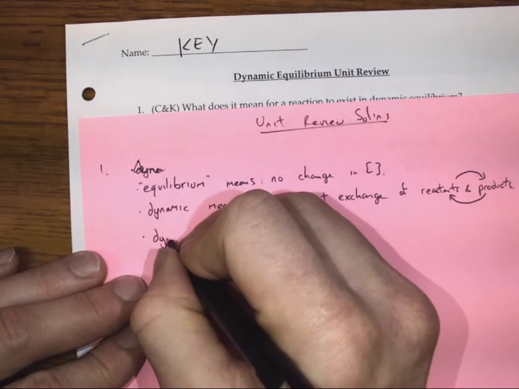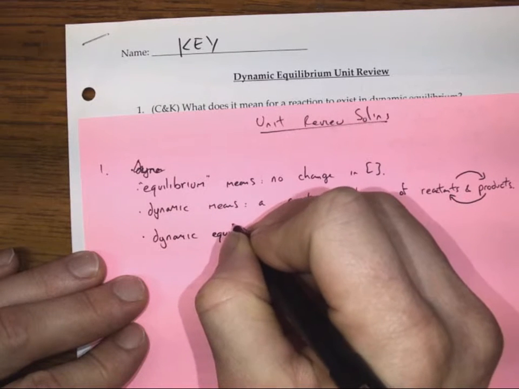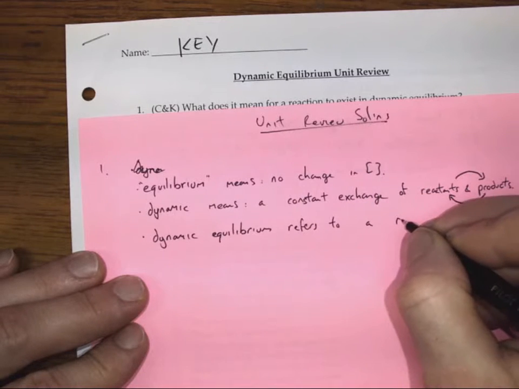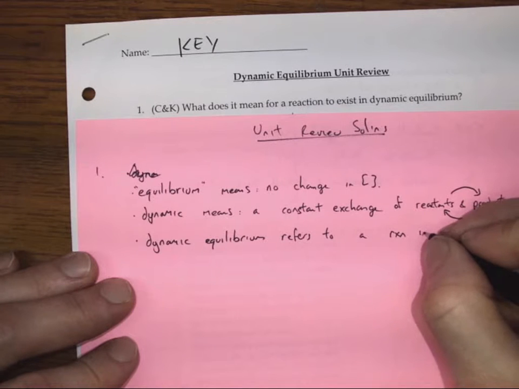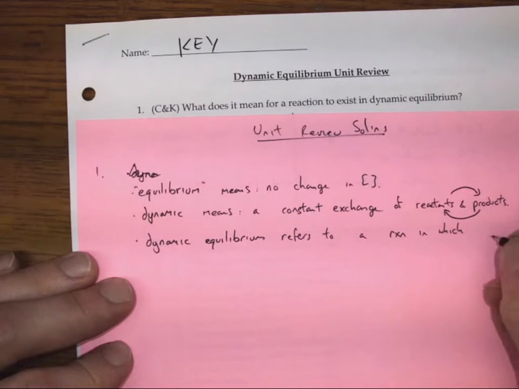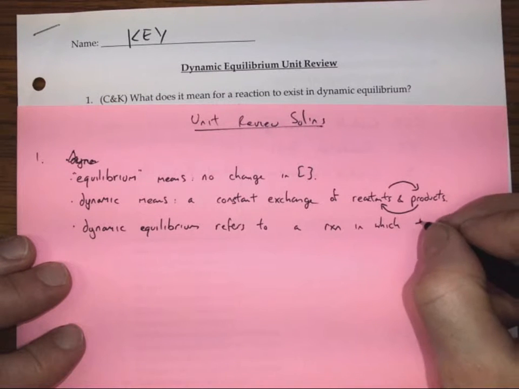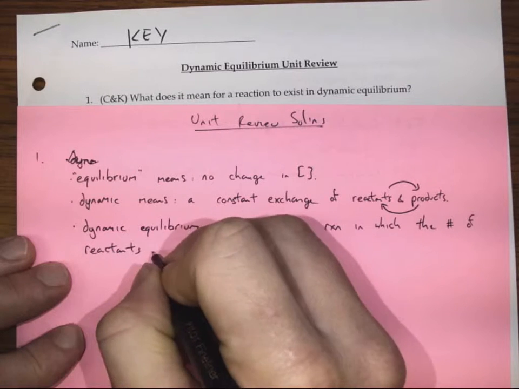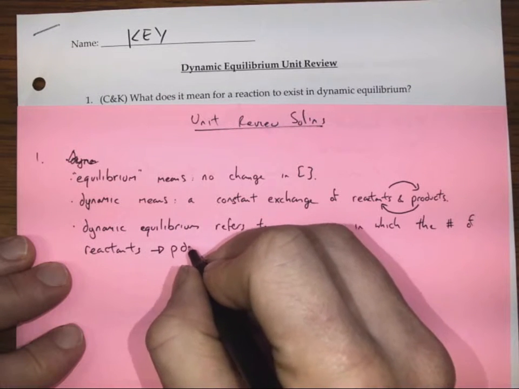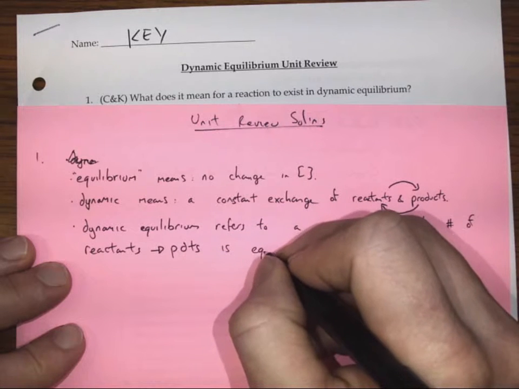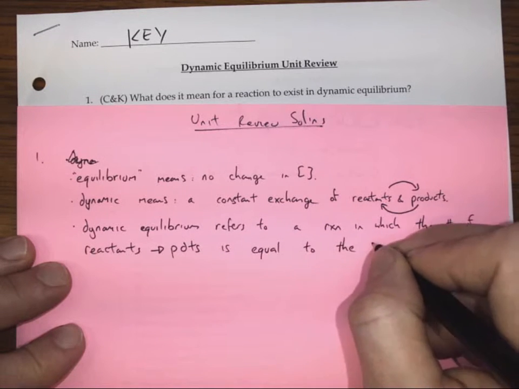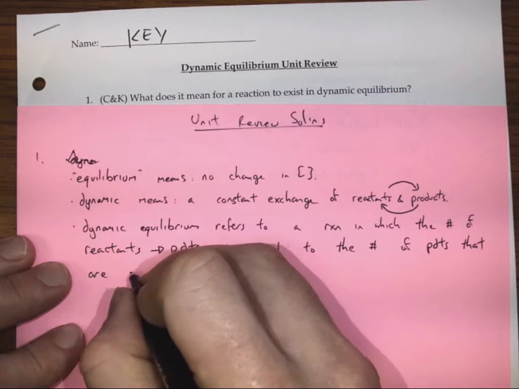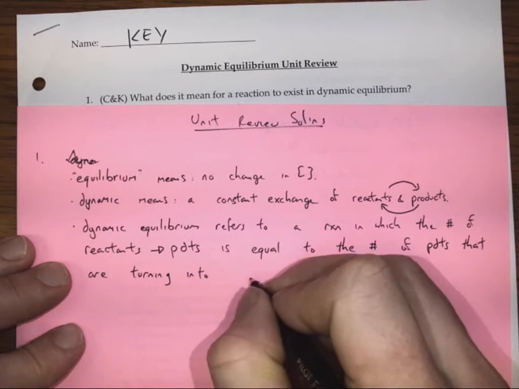So, dynamic equilibrium refers to a reaction in which the number of reactants turning to products is equal to the number of products that are turning into reactants.